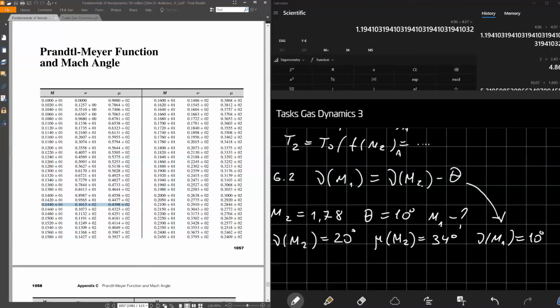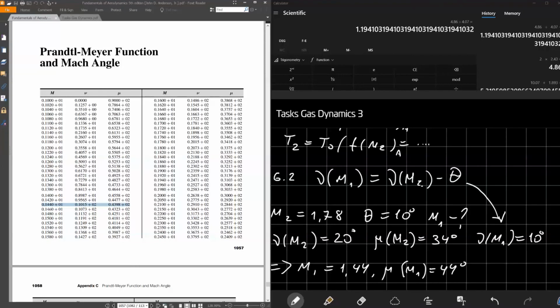So from here, my M1 is 1.44. My inclination of the Mach line is 44 degrees. A coincidence, right? 1.44 and 44 degrees, a coincidence.